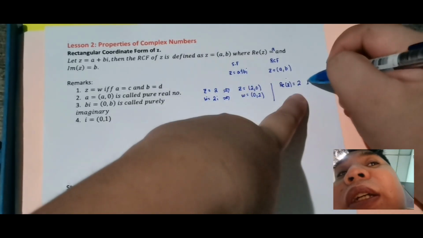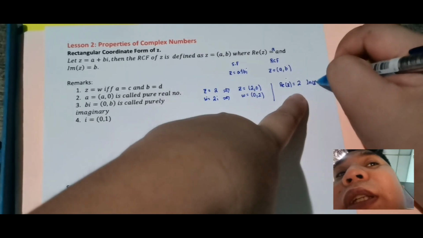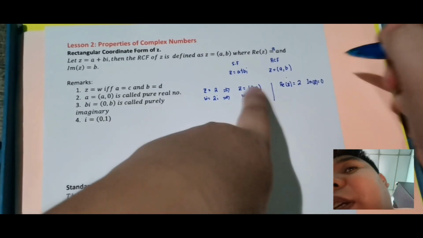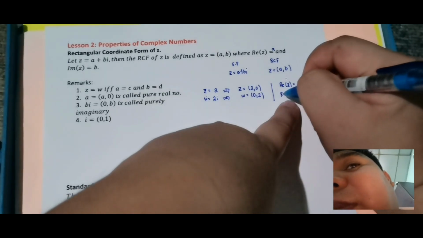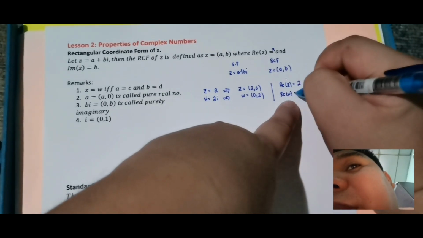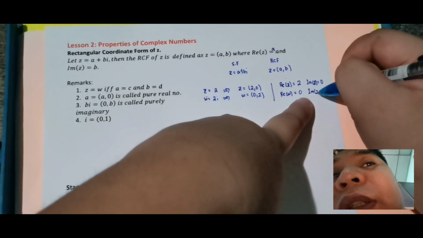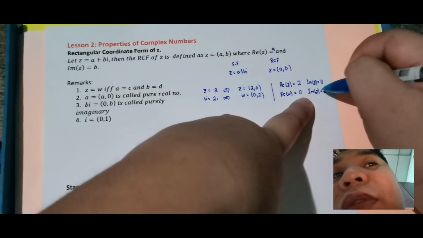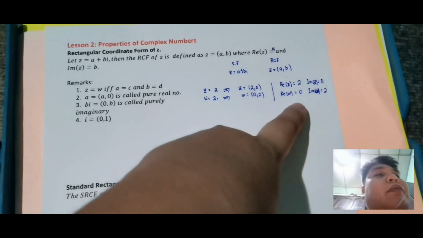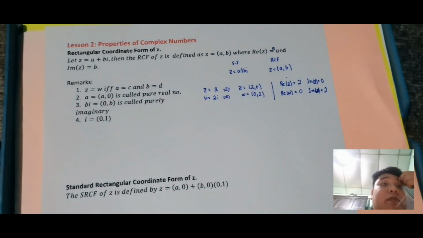Yung imaginary part ng z is equal to 0. Next, yung real part ng w is equal to 0 and yung imaginary part ng w natin ay equal lang sa 2. Okay, so tandaan yung bagay na yan.